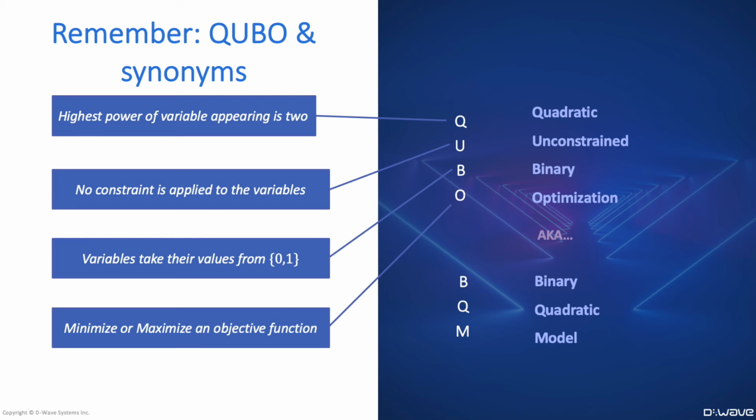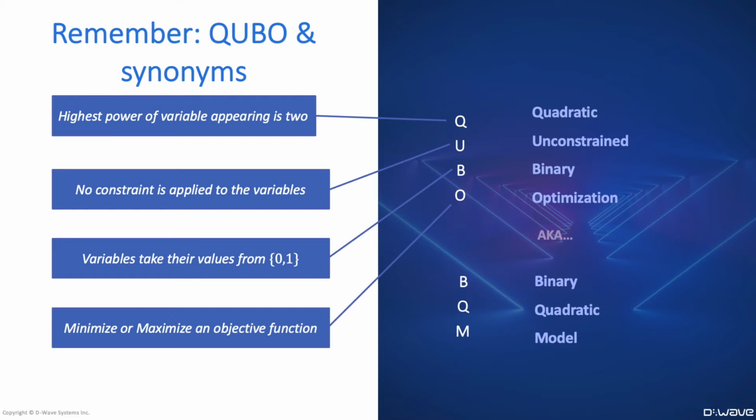And I'm going to start by reminding you of what a QUBO was from the first presentation in this series. QUBO meant that the highest power of variable appearing was 2, no forced constraint, that is, applied to the variables.